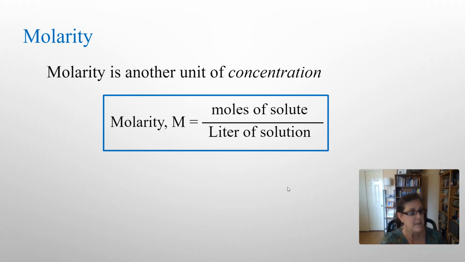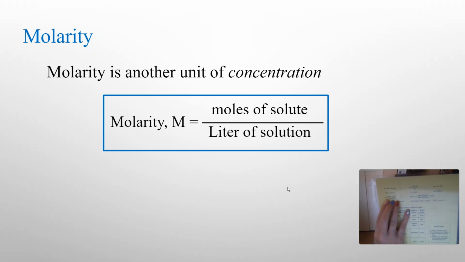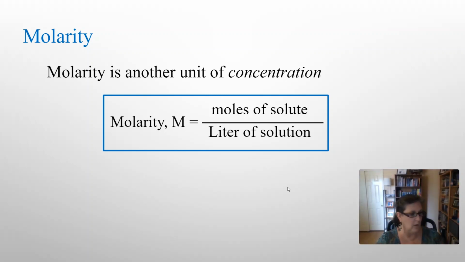Molarity can be symbolized with a capital M, and it stands for moles of solute over liters of the solution. And it is on the back of your periodic table on the shapes table right there. So you will always have access to this to see what the formula is for molarity and mass percent.